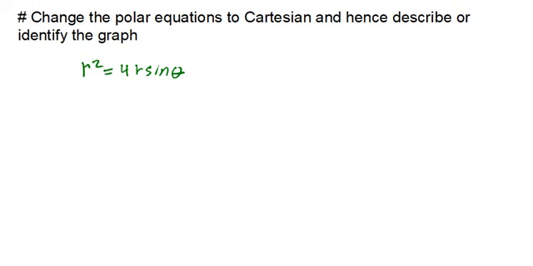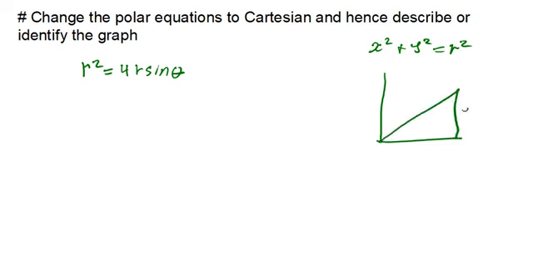We know that r squared is basically y squared plus x squared. This comes from where you have your y here, your x here, and your r there, then using Pythagoras' theorem, this is what we come up with.